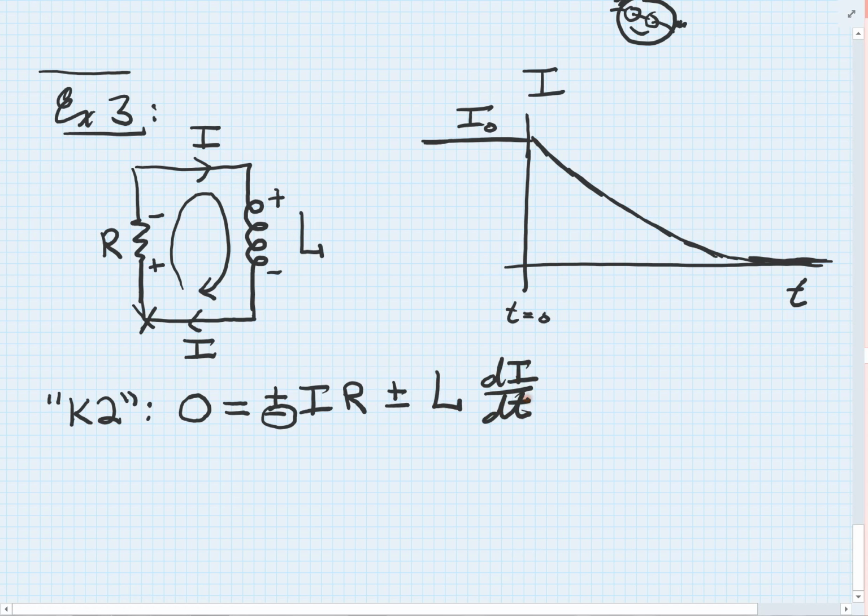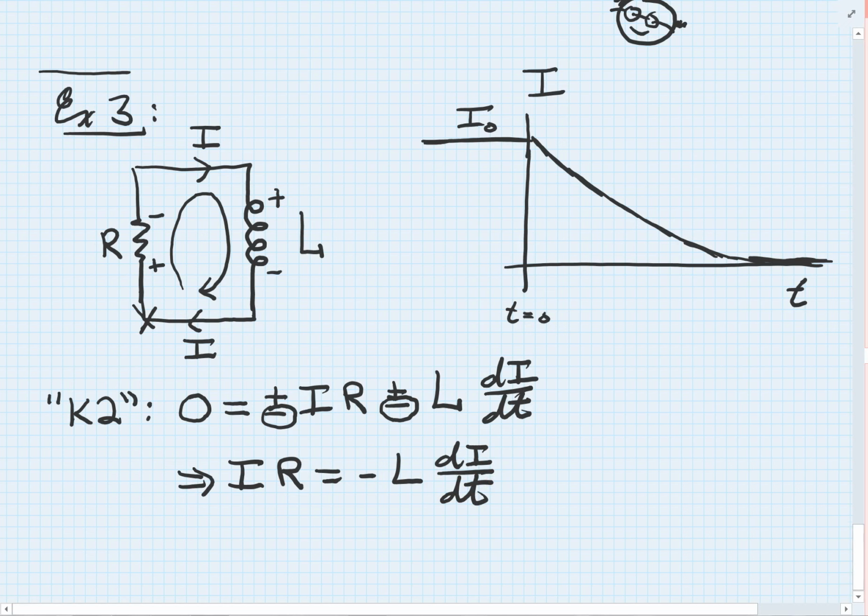And once again, I'm going around this direction, from the labeled plus to the labeled minus side of my inductor. I'm going downstream, with the flow of the current. So in that case also, by the same mnemonic, that enters with a negative sign. So I can put all this together, and I will find that IR, by moving this to the other side of the equation, equals minus L times di/dt.